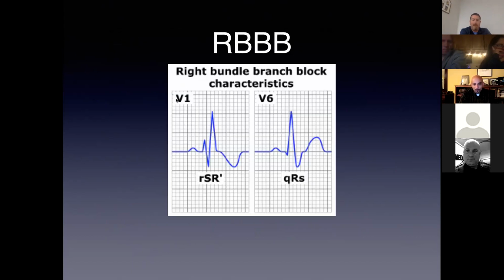So V1, you know where you put V1, it's over on the right side of the heart. And V6 is over on the left side of the heart, right? So when the late part of the rhythm is going to the right side, that means it's positive in V1. So this is the beginning of the QRS, that's going fast. This is the ending of the QRS, that's going slow.